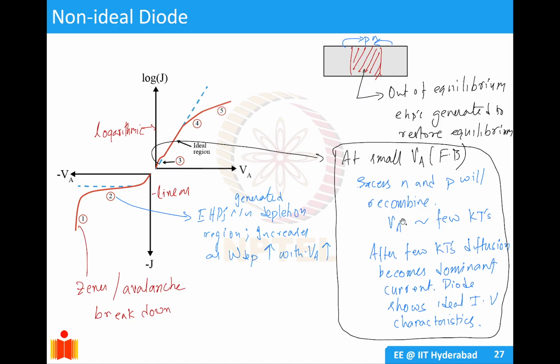This is only when Va is a few kT, a few multiples of 26 millivolt at room temperature, 300 Kelvin. After that, your diffusion current becomes dominant and your diode starts showing ideal diode conditions up to a certain point.